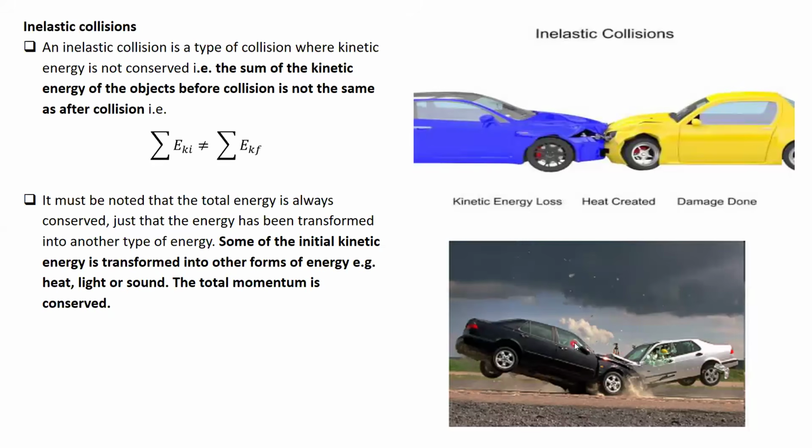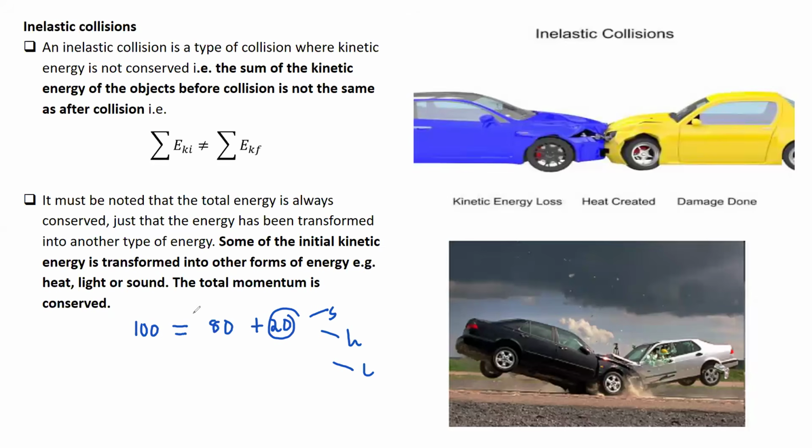Now, in that scenario where there's a collision, the kinetic energy is not conserved. If you had 100 joules of kinetic energy before collision, you'd have 80 joules of kinetic energy after, and maybe the other 20 is your sound, your heat, or your light energy.